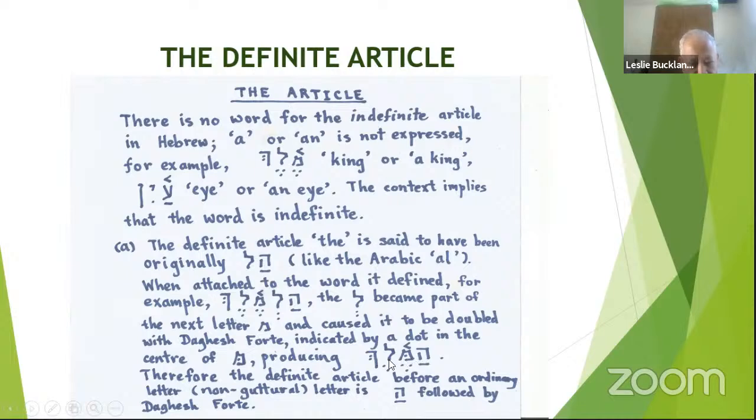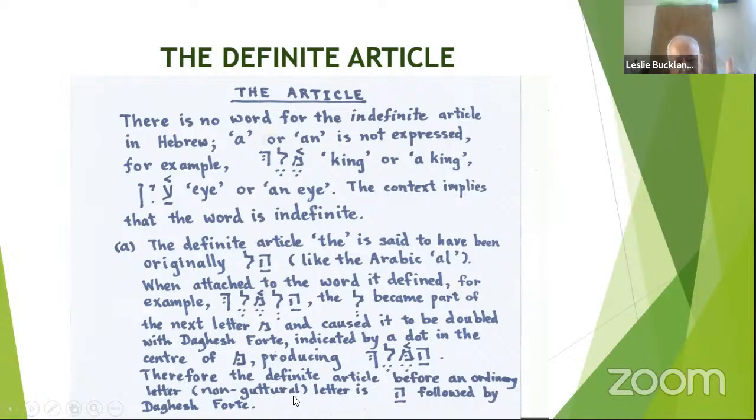Ham-melech, the king. Therefore, the definite article before an ordinary letter, that is, before a non-guttural letter, is ha, followed by dagesh forte. So that's the first thing to learn, that the definite article before an ordinary letter, that is any letter that is not a guttural letter. Remember that there are 4 guttural letters.